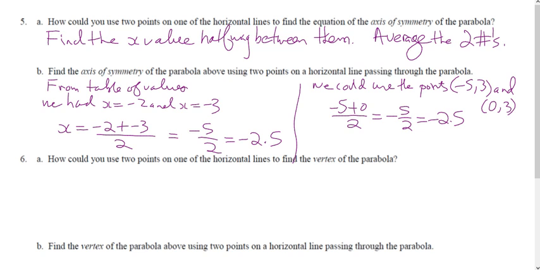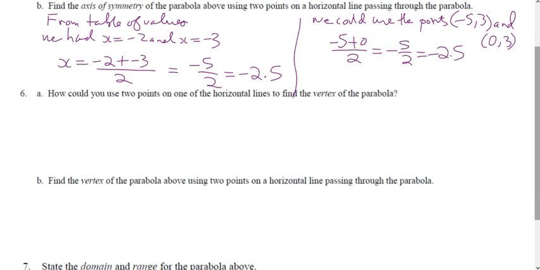What do we do with it? Well, now we're going to plug it back into the equation. I want to know what's the y coordinate of the point. So the x coordinate of the vertex is on the axis of symmetry. Okay, so number 1. Again, just pretend we're doing this from scratch. You see a table of values, you look and you say, hey, look, -5, 3, and 0, 3.